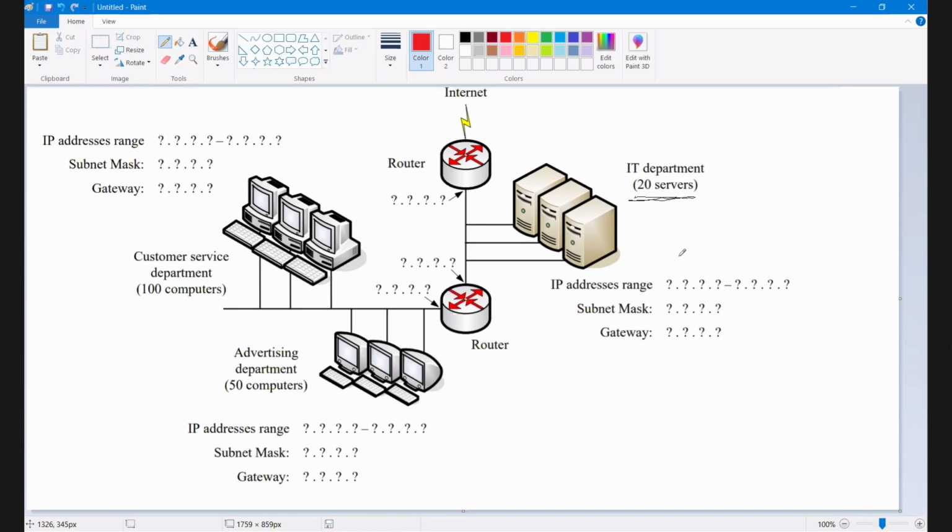For example, for the IT department, we can write 192.168.10, and from the third computer to the 22nd computer, all IP addresses will be dedicated to these 20 computers. And here we can have 192.168.10.1.